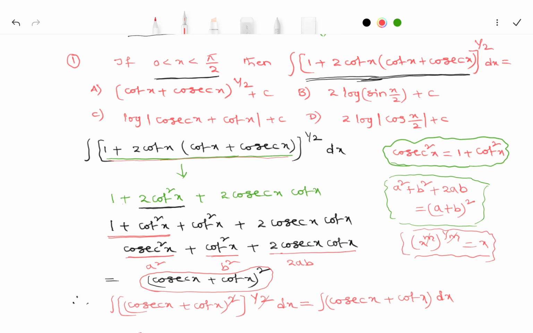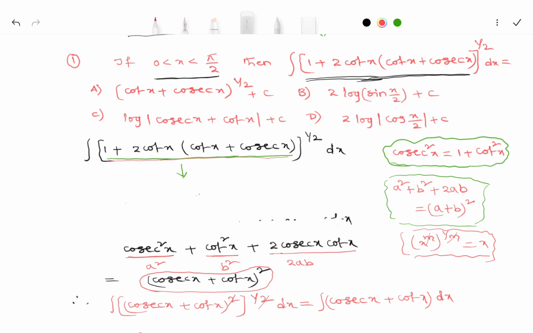After this, I am erasing this part. So now, what is the integration of cosecant x plus cot x?